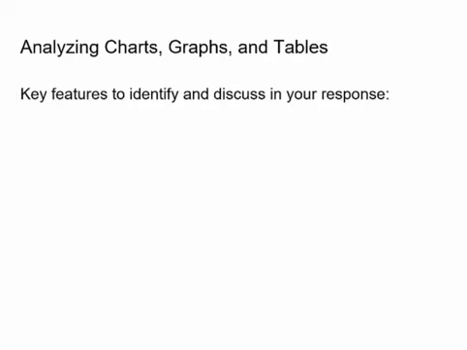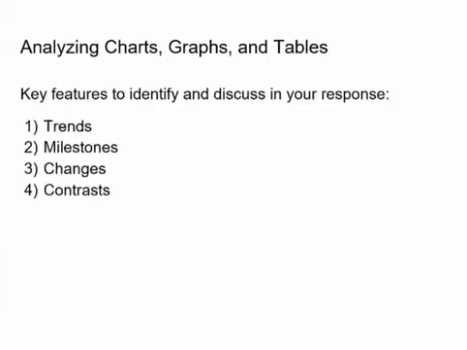So what we're going to look at in the remainder of this lesson is the key features, the most important information that you are likely to find on these visuals, and that you would want to pull out and discuss in your essay. Basically, we can identify 4 different features that you're likely to find. They show certain trends, milestones, changes, and contrasts.